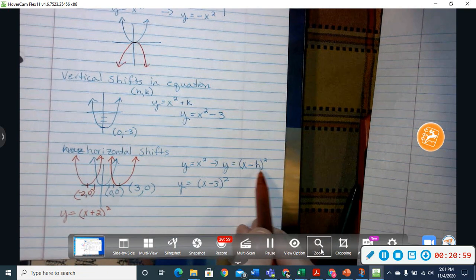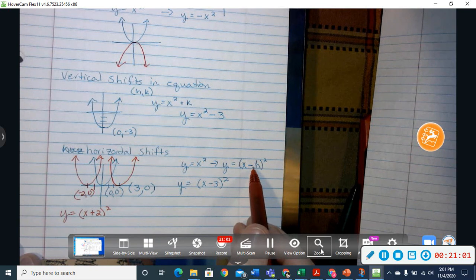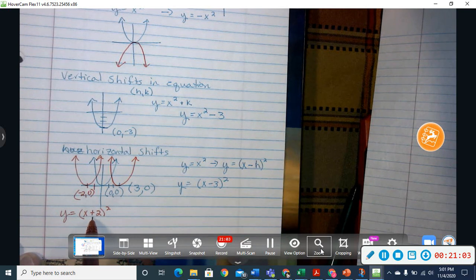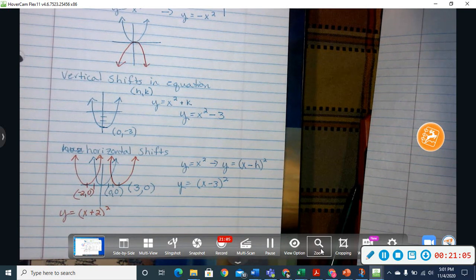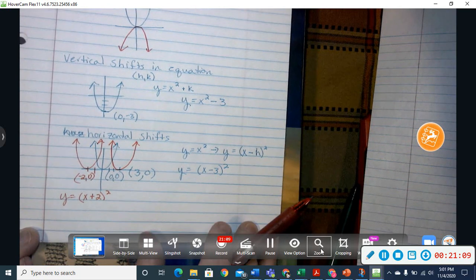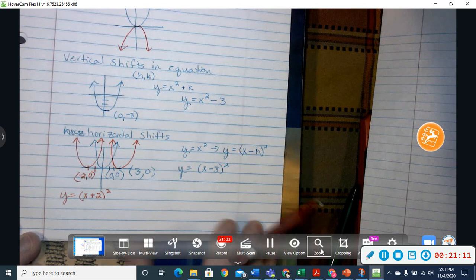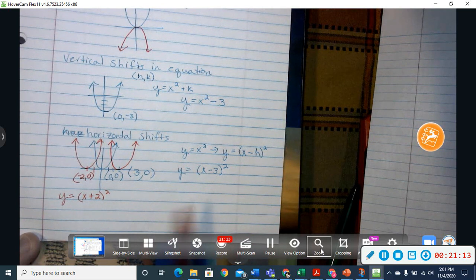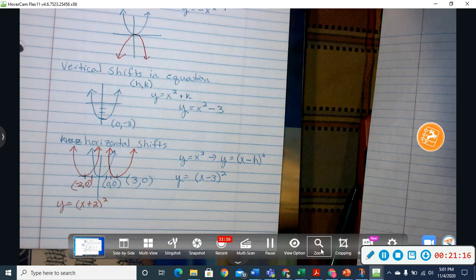Remember, it's minus h, so -2, and that minus makes that become a plus 2. So that's a tricky component in writing the equation for those horizontal shifts when they occur in your equation. Horizontals are the ones that are the trickiest.